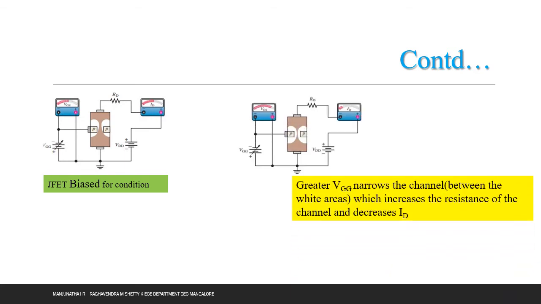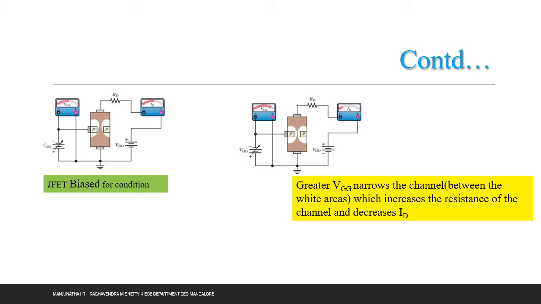Next, greater VGG narrows the channel, which increases the resistance of the channel and decreases ID. It's very simple to understand. When we increase the voltage, basically VGG, it supplies the negative voltage.